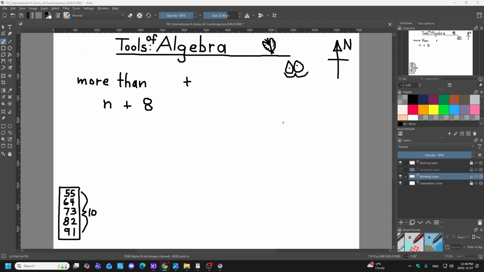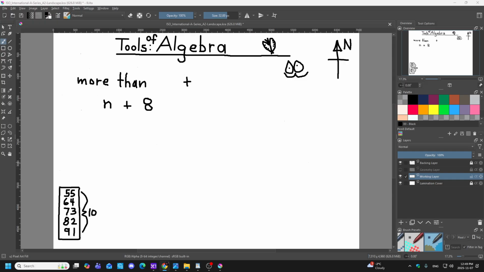Okay, let's do another. 7 less the product of 4 and a number x. Oof. They threw a lot at us, didn't they? It seems they are breaking it into parts.